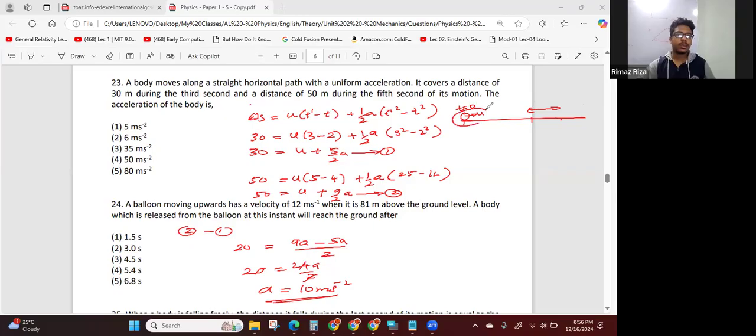So u is its initial velocity when you start to measure, when you click the stopwatch. Is that clear, Hirosh? Okay. So therefore, here the answer is 10 meters per second squared. In the book also it's like that.